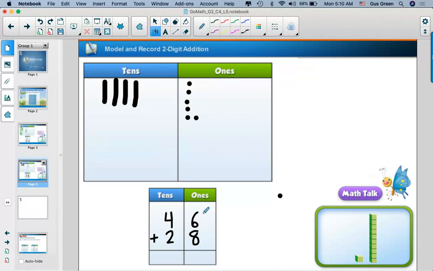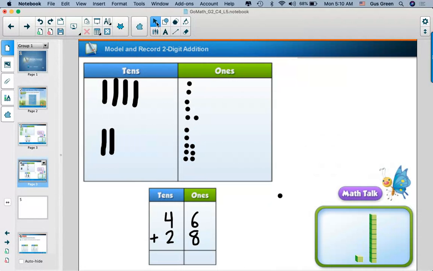So there's our 46. And now let's put the 28 up here too. 2 tens and 8 ones. 2, 3, 4, 5, 6, 7, 8. Okay, and then the first thing I want to do is look and see, can I move some ones?